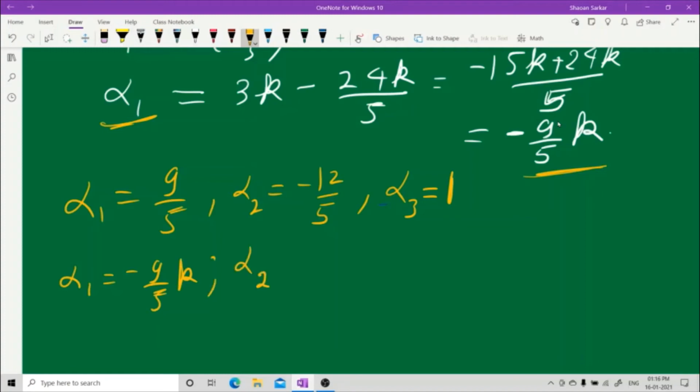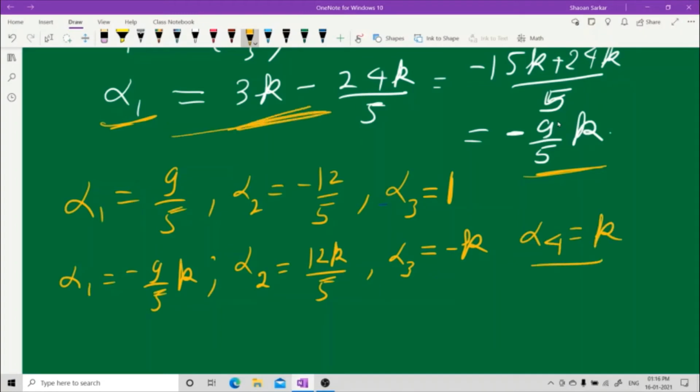Alpha 2 I got as 12k by 5, and alpha 3 I got as minus k, and here I got alpha 4 as k. Now if I take alpha 4 equal to k equal to minus 1, you will get this value.